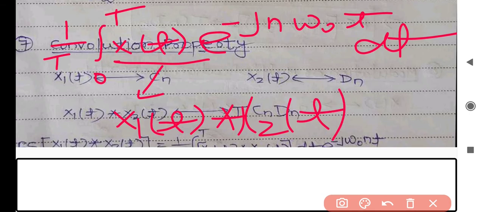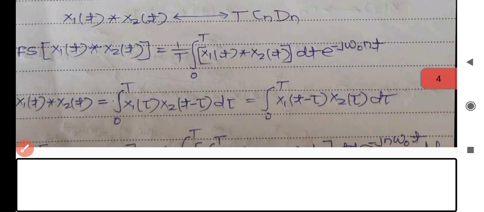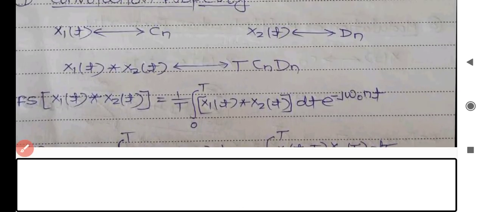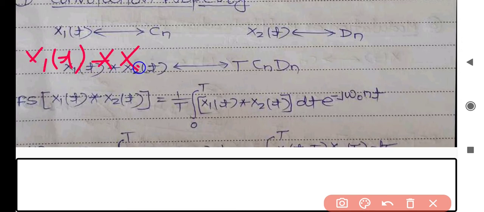So this relation will become 1 upon T integration from 0 to T x1(t) convolution with x2(t) e^(minus jnω0t) dt.